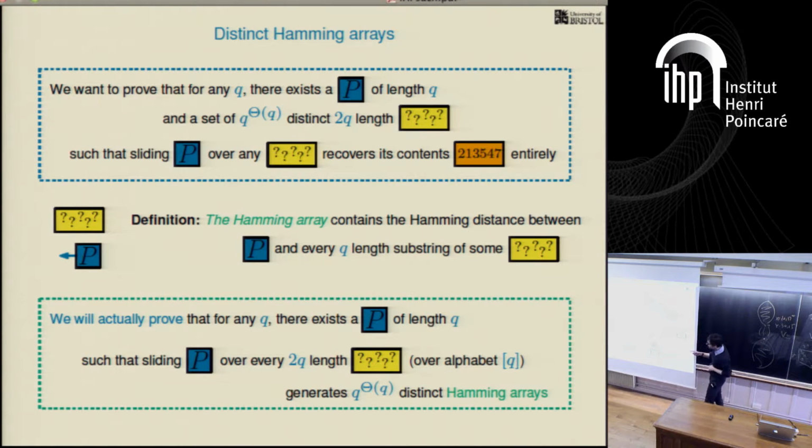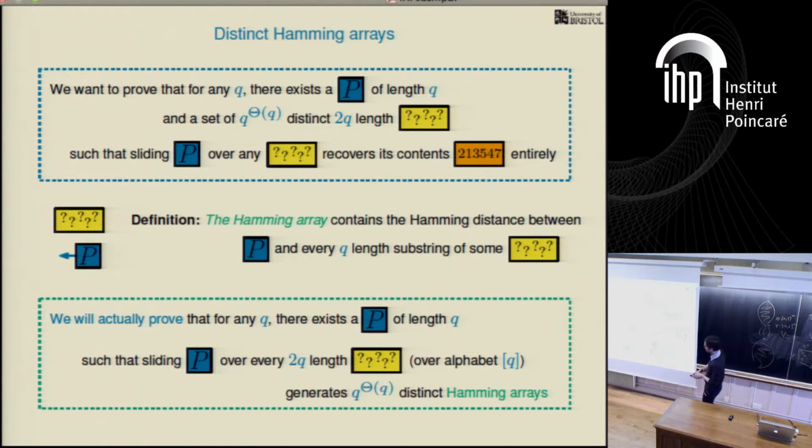So what we're actually going to prove is that for any q, there's some pattern, some p of length q, such that sliding p over every possible one of these, so take every 2q length string over this alphabet q, slide p over every single one of these things, and then work out how many different Hamming arrays you get.